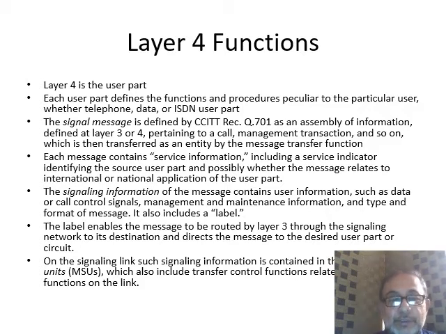Some of the functions of layer 3, which are normally done in the TCP/IP suite, are done by the SCCP, which is in layer 4 of Signaling System Number 7.